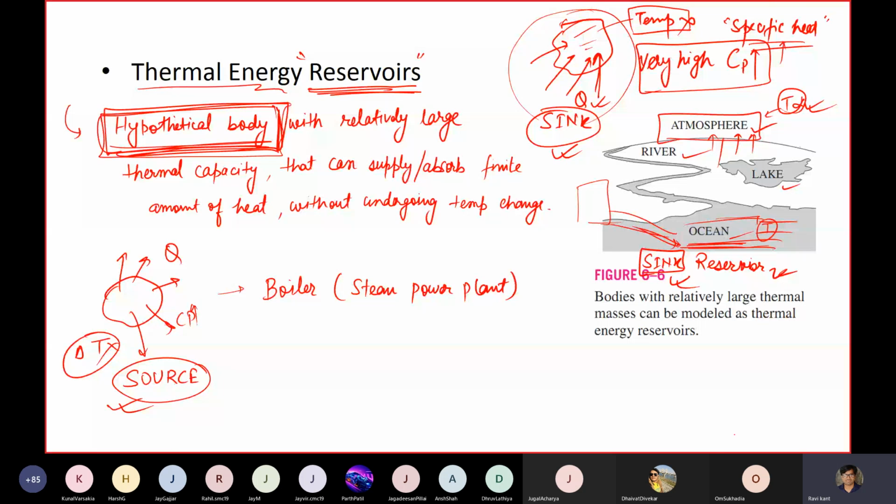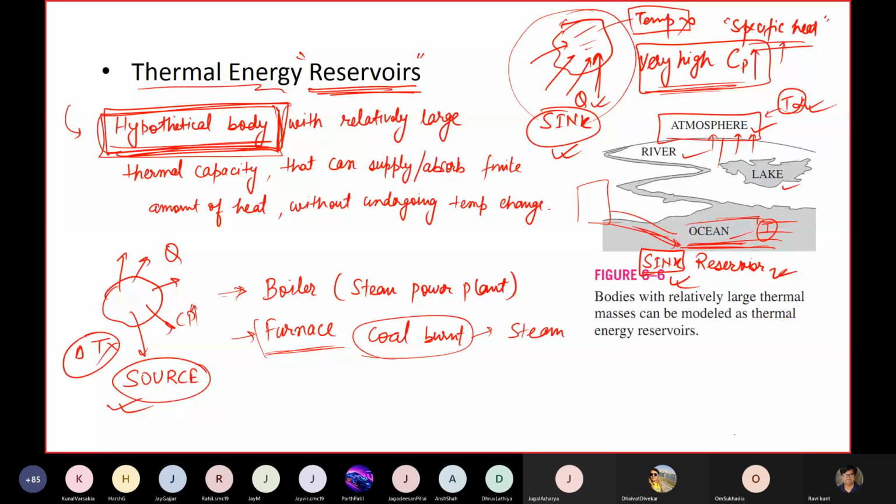So boilers, you have boilers and furnaces in which the coals are being burnt and provide heat to the water to make it steam all the time. So usually these are estimated to be sources.